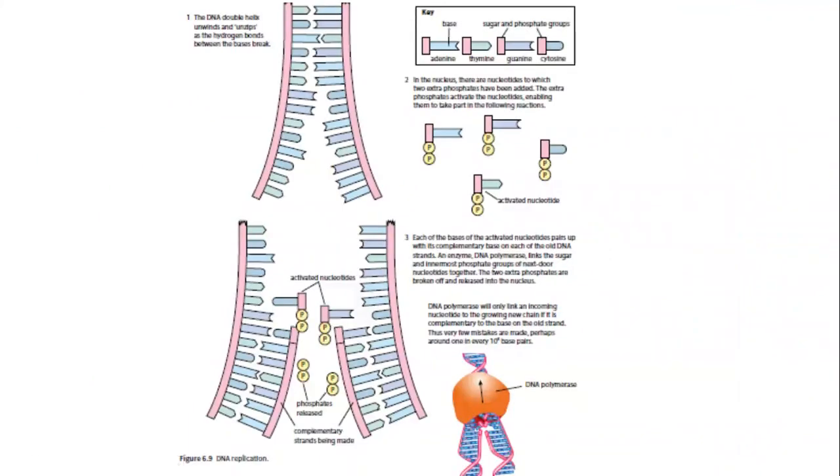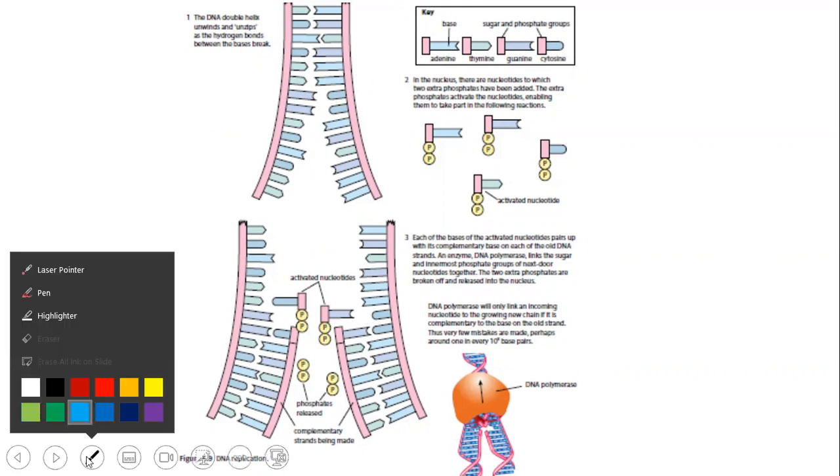Now let's actually talk about how the process of replication takes place. The first thing you have to do is unwind the DNA and open it up into two strands. Who helps us in opening up the DNA, in separating the DNA into two strands?